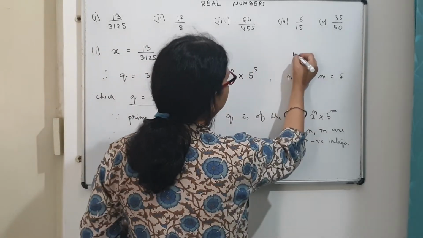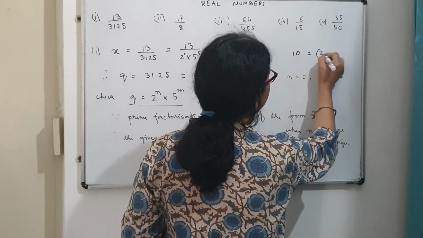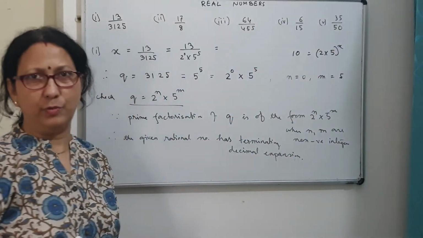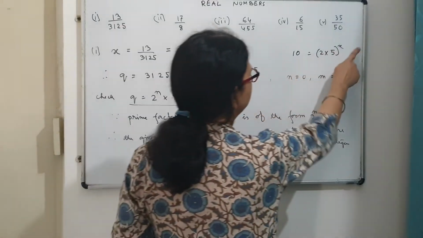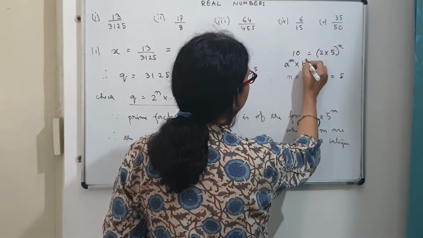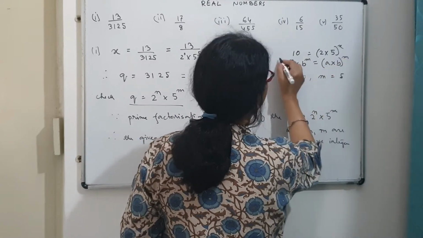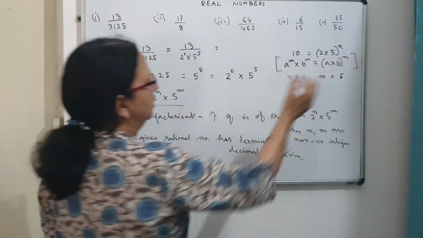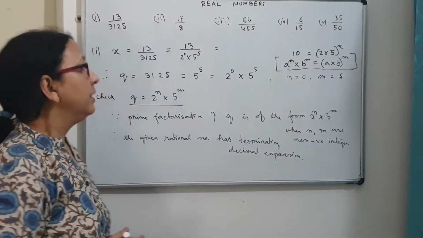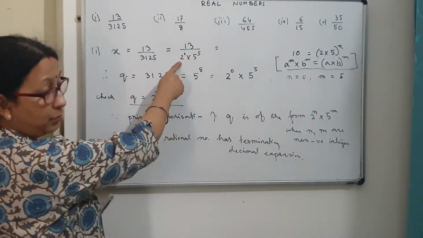Because I want to have factors of 10 in the denominator. And for that, 2 into 5 to the power x should be there in the denominator. So the power has to be the same, because you know a to the power m into b to the power m is equal to a into b whole to the power m. Because of these laws of indices, I make the power the same. So I have to make the power of 2 as 5.